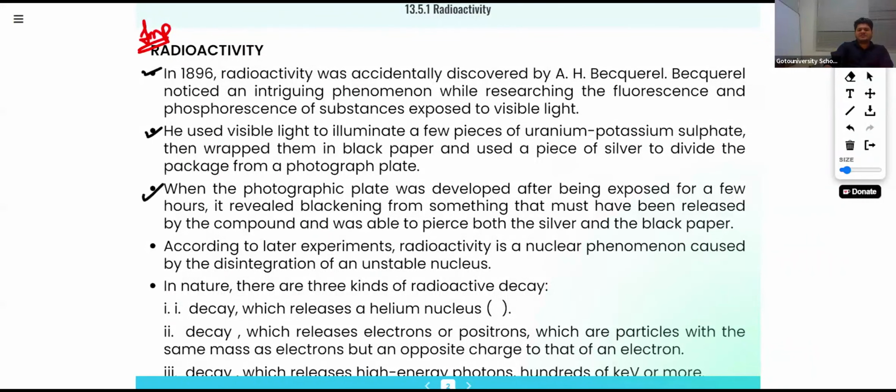According to later experiments, radioactivity is a nuclear phenomenon caused by the disintegration of unstable nuclei.